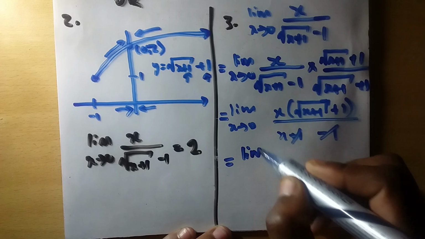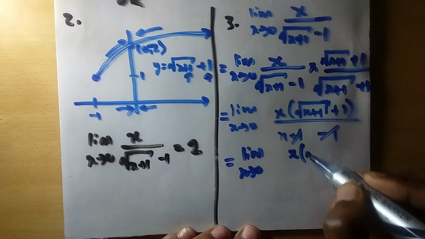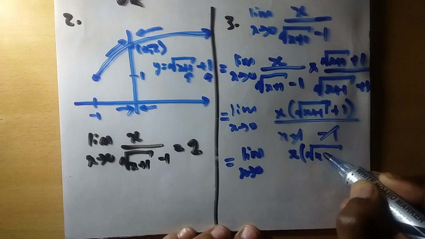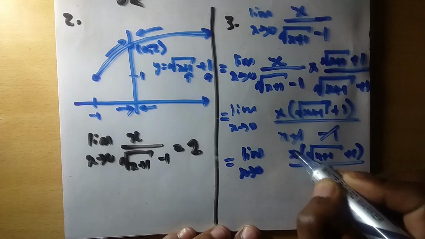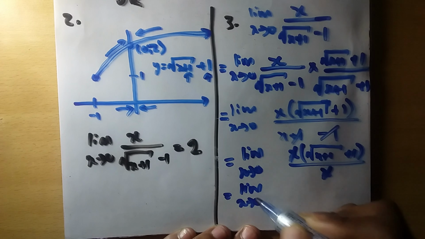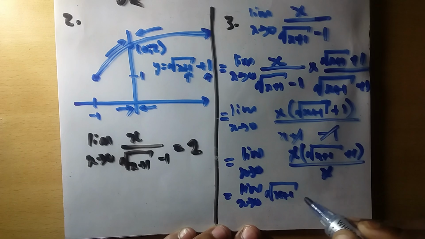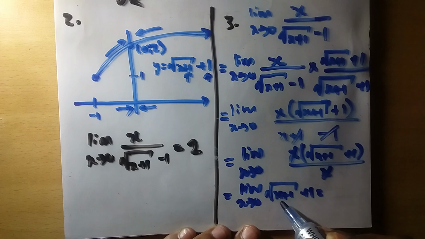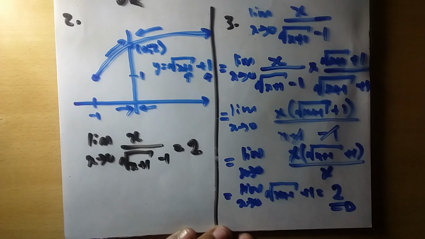The limit as x approaches 0 of x times the square root of x plus 1 plus 1, divided by x. So this and that give us 1. Then we have the limit as x approaches 0 of the square root of x plus 1 plus 1, which is when you put 0 here, it becomes the square root of 0 plus 1, which is just 1, plus 1, which equals 2.